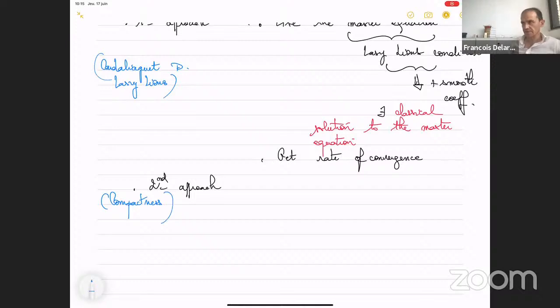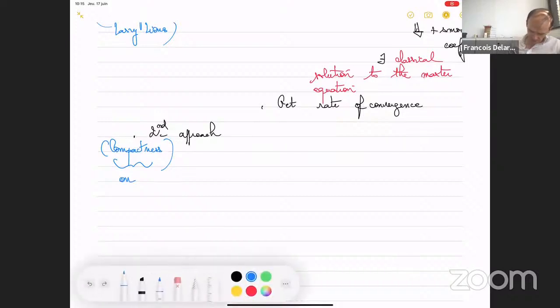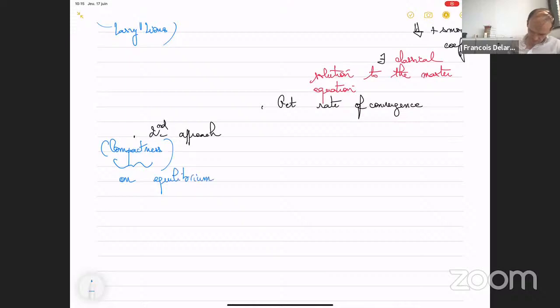When I say compactness, you have to think of compactness on the equilibrium strategies, or the equilibrium controls, of the game with capital N players.